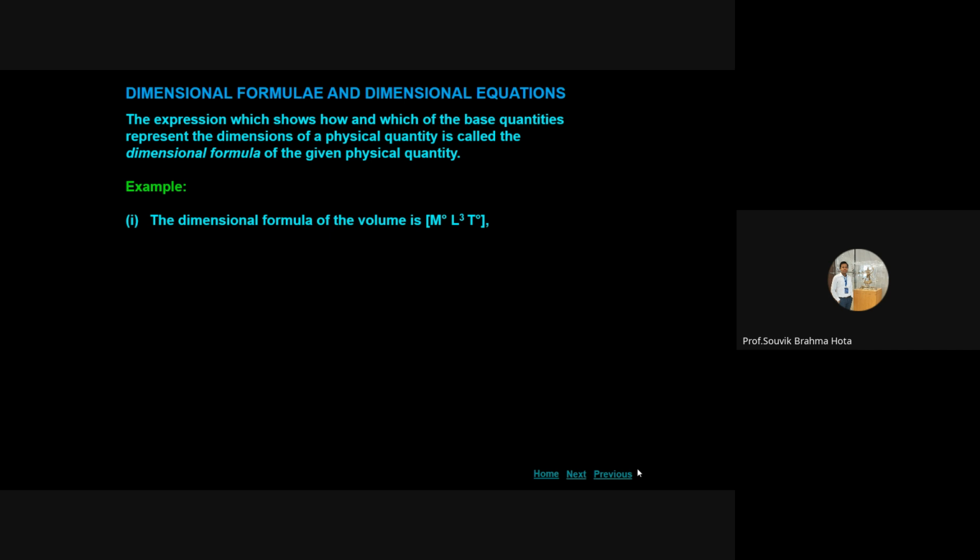Volume is only L cube, but you should give the other fundamental dimensions M and T also. But M doesn't have any power here, so M is raised to the power 0, and T is also raised to the power 0. Their order should be M, L, T, in that specific order.